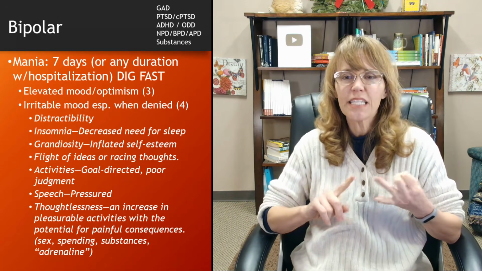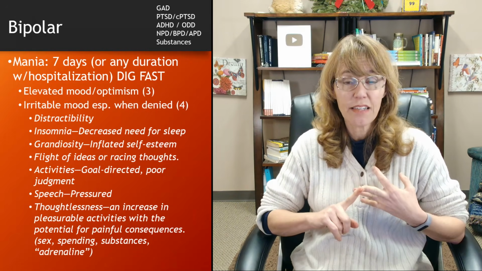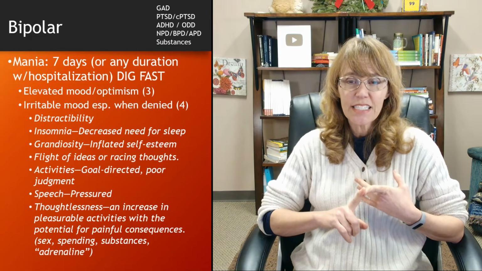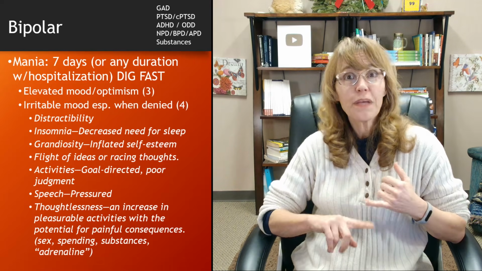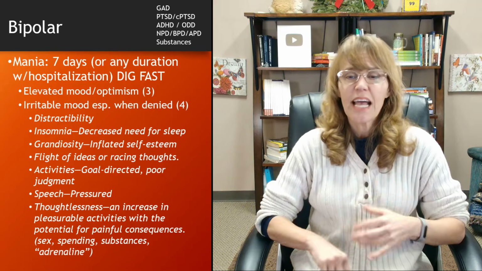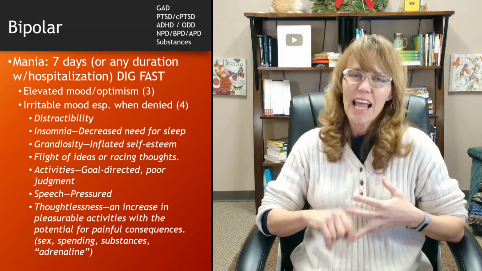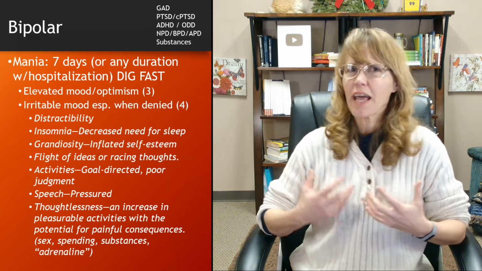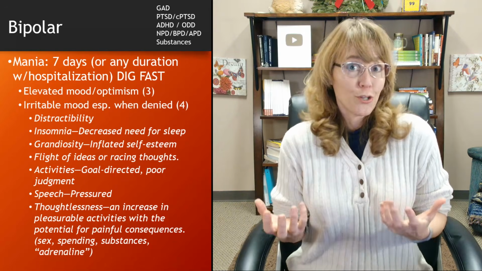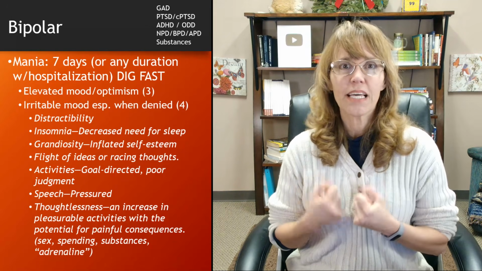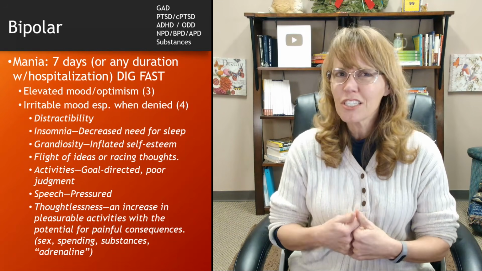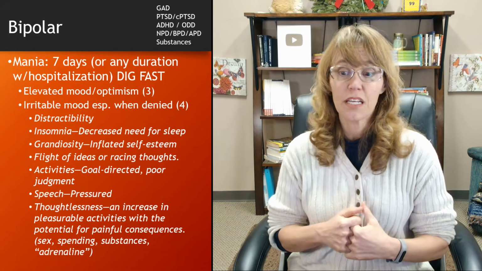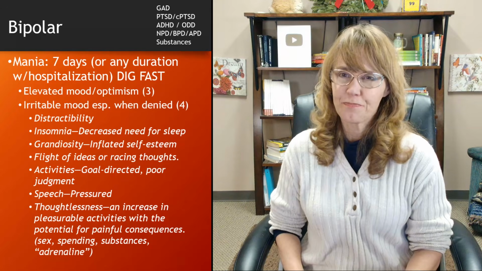So distractibility, insomnia, grandiosity, flight of ideas, activities that are goal-directed, speech that's pressured, and T stands for thoughtlessness, and that is engaging in behaviors using really poor judgment, because if you thought about it, you'd recognize those behaviors stand a good chance of producing painful consequences.